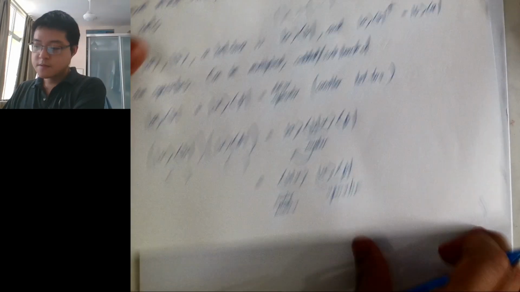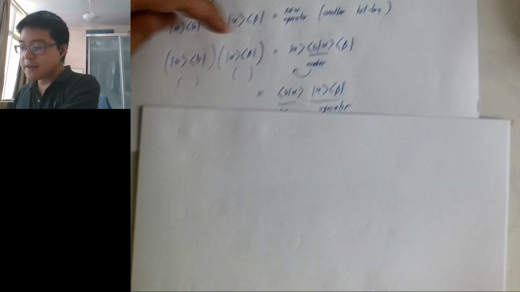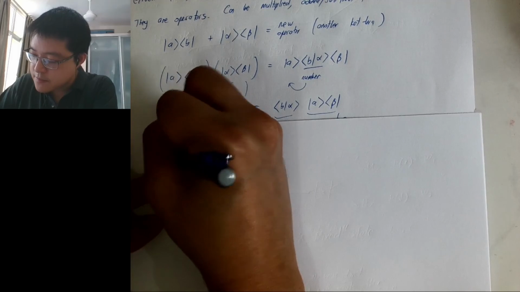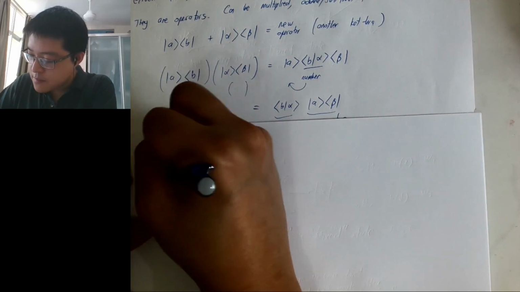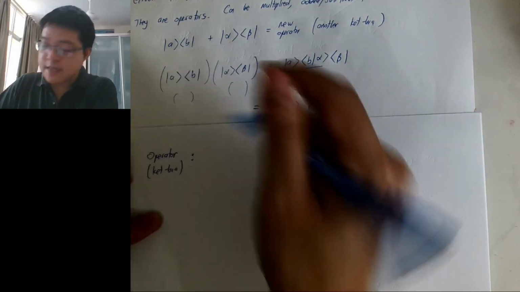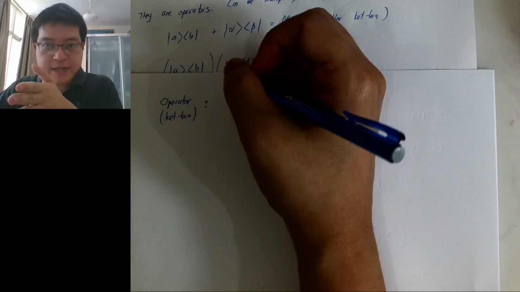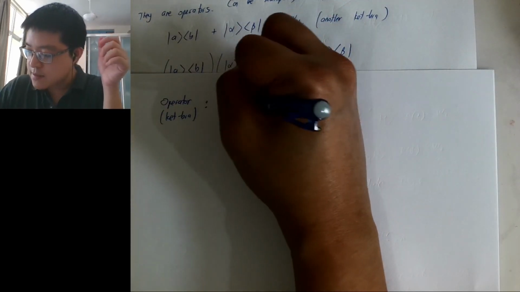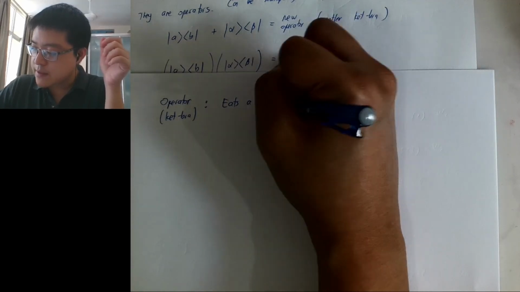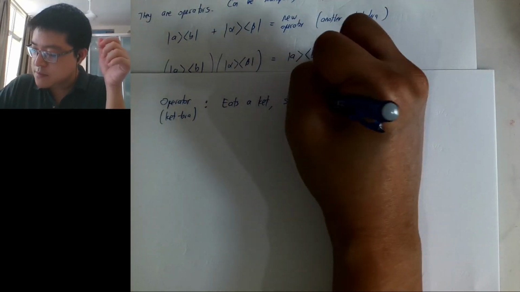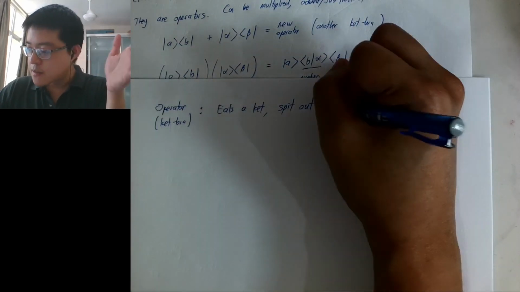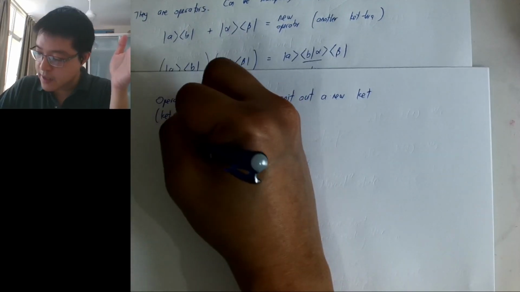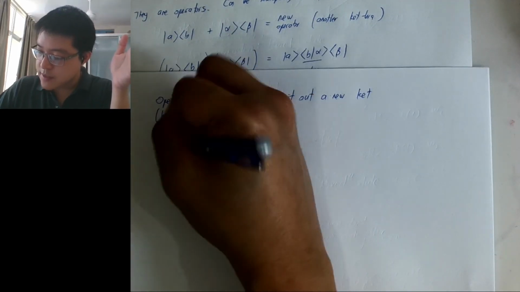In fact, this is just a more complicated version of this, because they are operators, the ket bra. Remember, what does an operator do? It eats a vector and spits out a new vector. Here it eats a ket and spits out a new ket. Let's say I have the ket bra |A><B|. This is an operator.